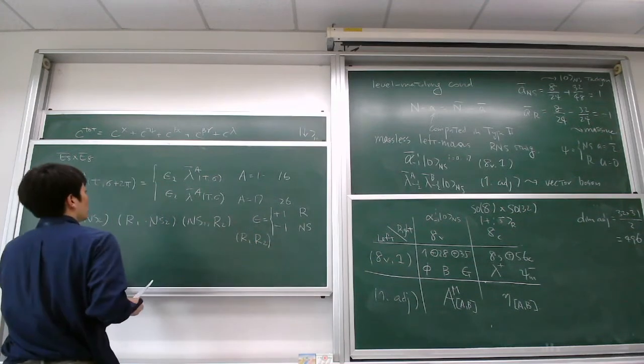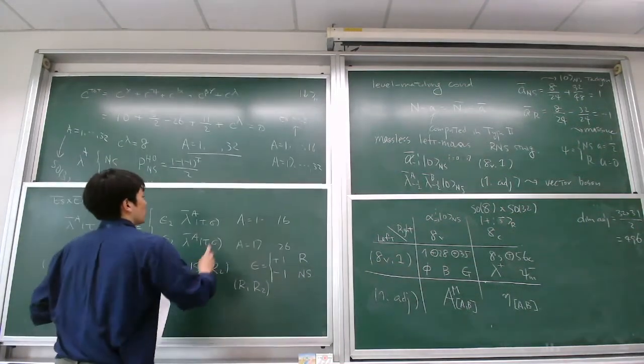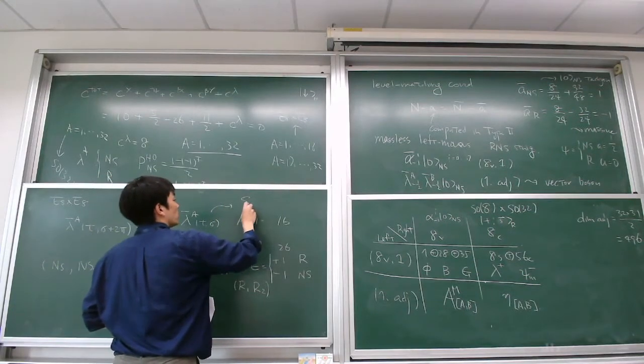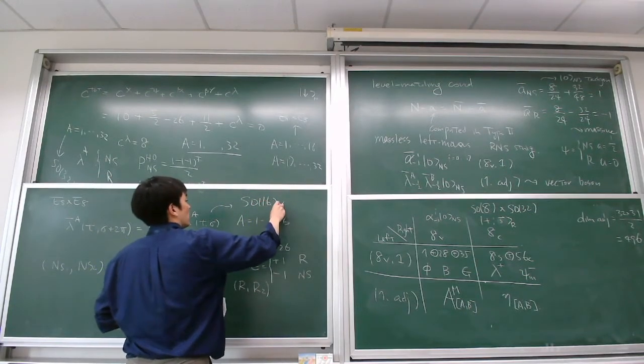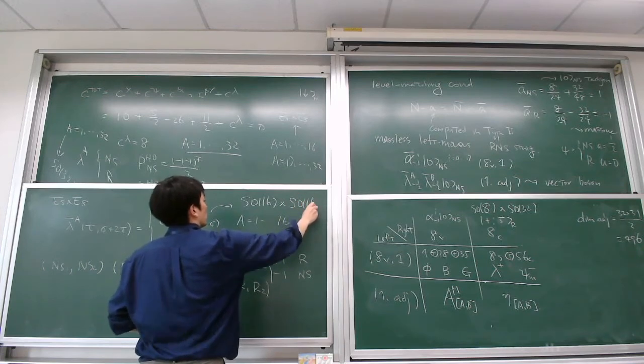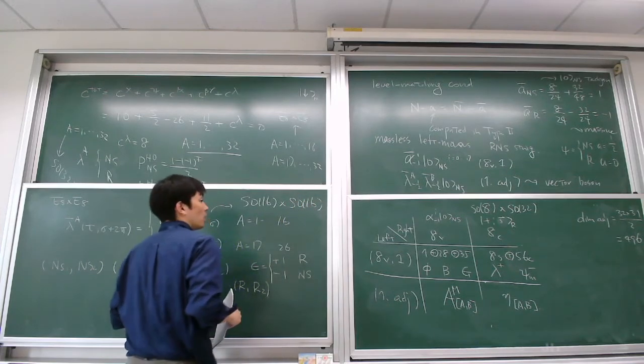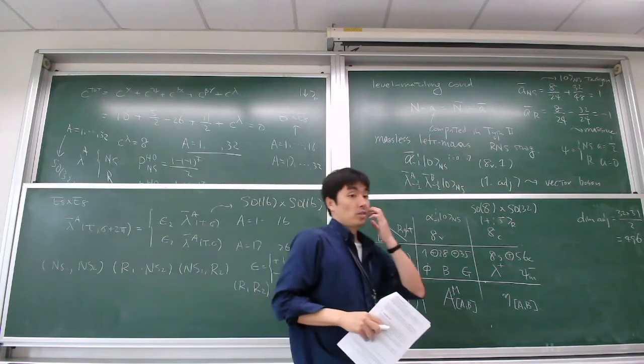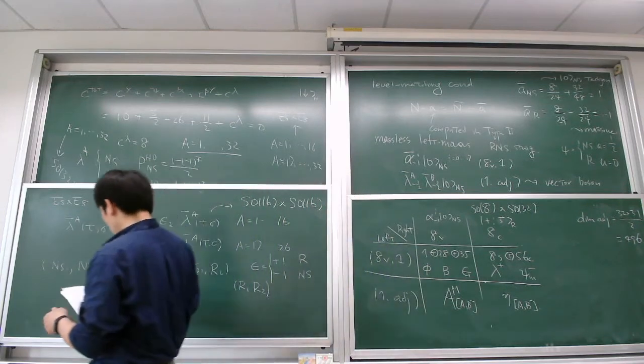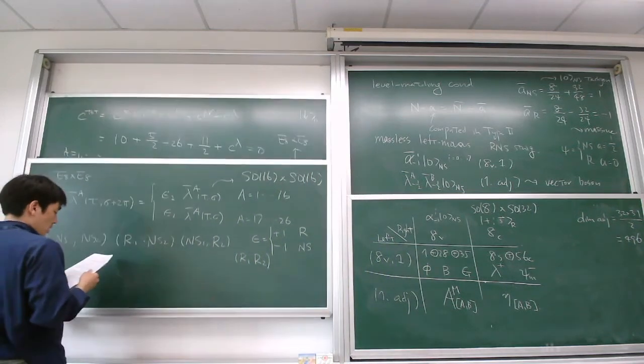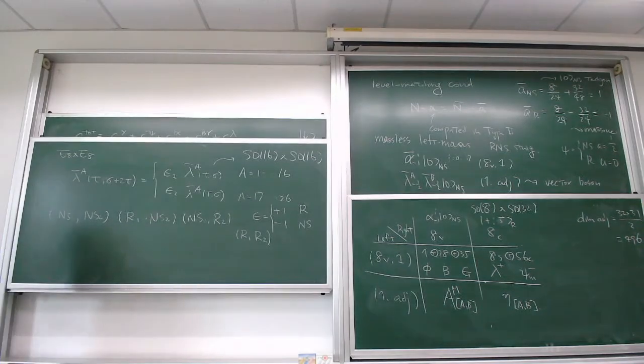And due to these two splittings, the global symmetry is broken to SO16 plus SO16 instead of SO32. Previously it was SO32. And again, we will look at the level matching condition.